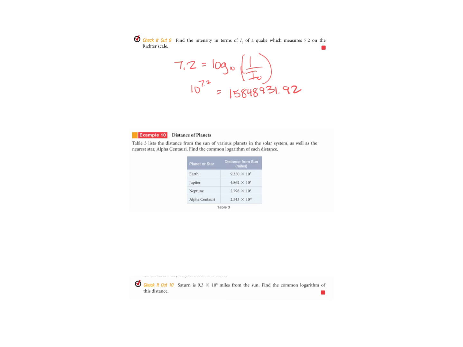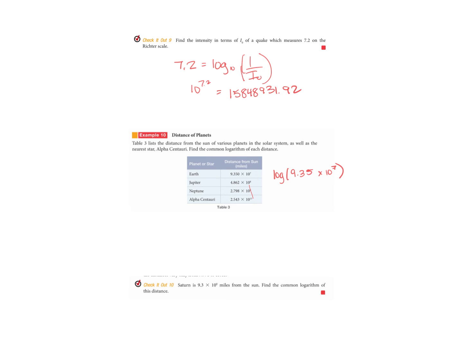And notice it's using scientific notation here with our exponents. Just list the distance from the sun, as well as find the common log of each, right? So if I'm trying to find the common logarithm of each distance, and this is jumping the gun a touch in some ways, let's just do this two ways so that you can see how this mathematics is working, because it's kind of cool.